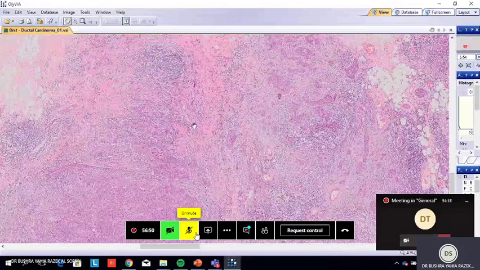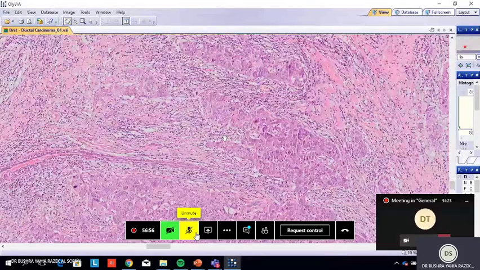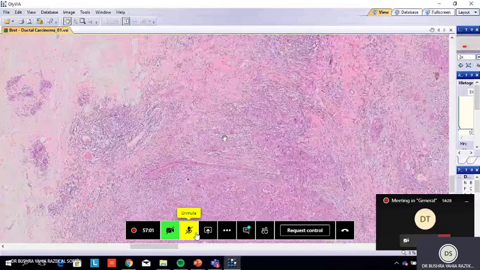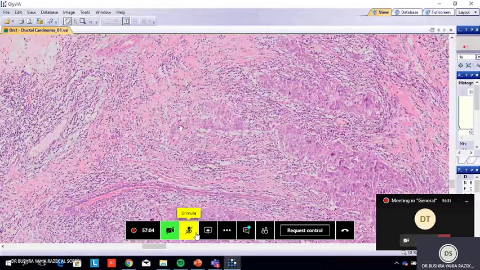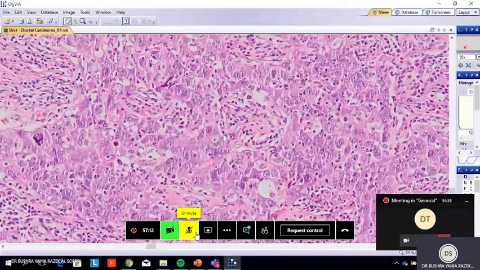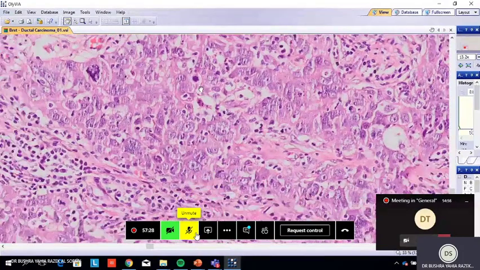Okay, understood how to describe this tumor? We said sheets, isn't it? Sheets, those sheets, and also strands. Can you see those strands of malignant epithelial cells composed of large cells with irregular, hyperchromatic nuclei? They show polymorphism also, many mitoses.